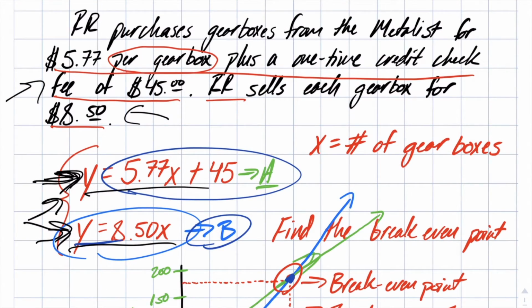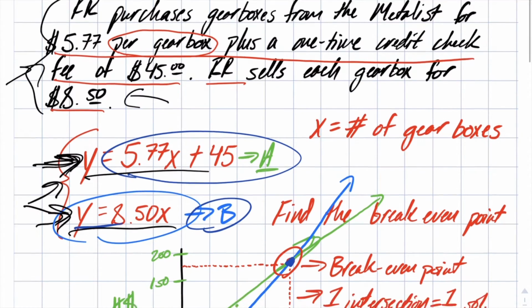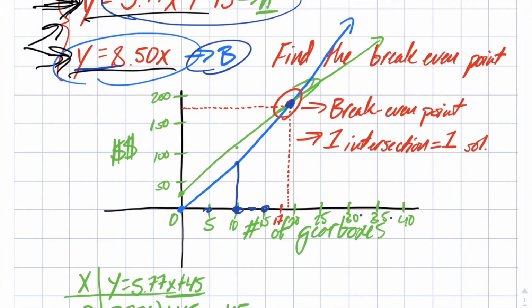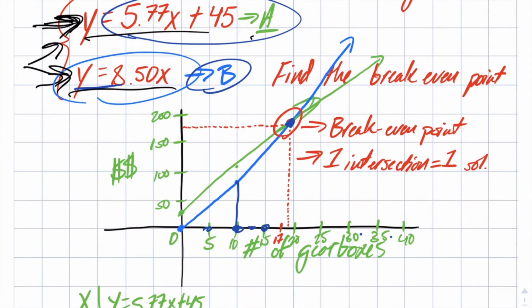And the two equations make up the system of the whole scenario. And we basically just graphed each one. That's it. We graphed each one individually. A was green. Blue was blue. Graphed it. Found out where they intersect. And then we just deciphered from that point of intersection, what does that mean? What does the answer mean?